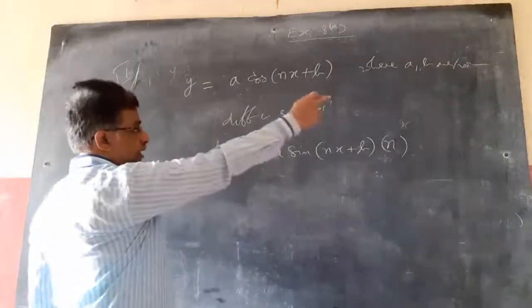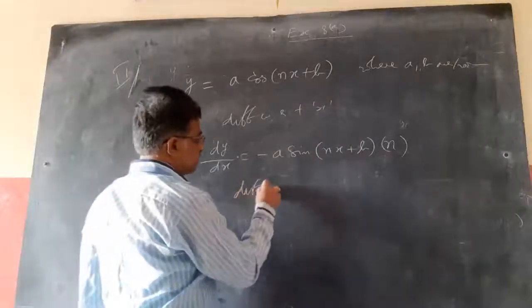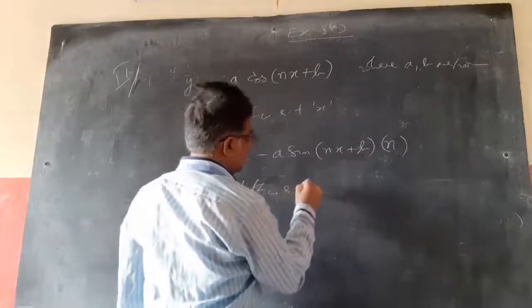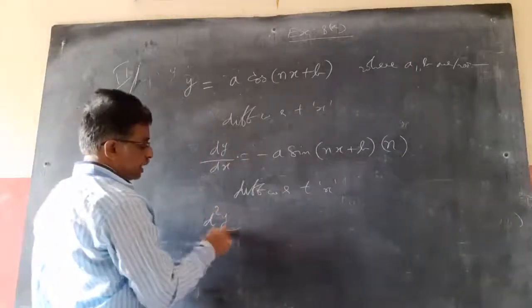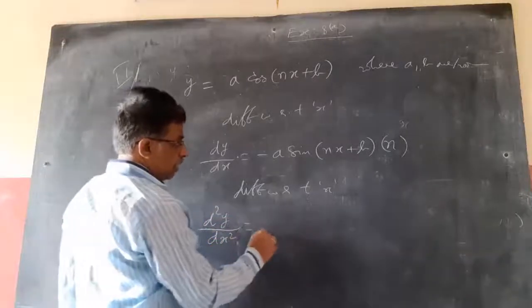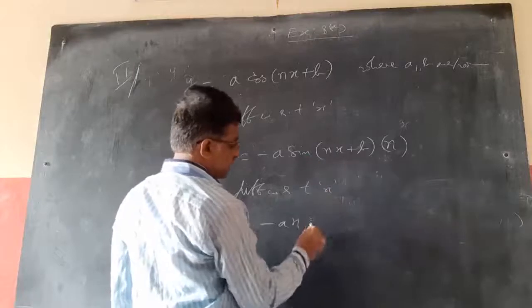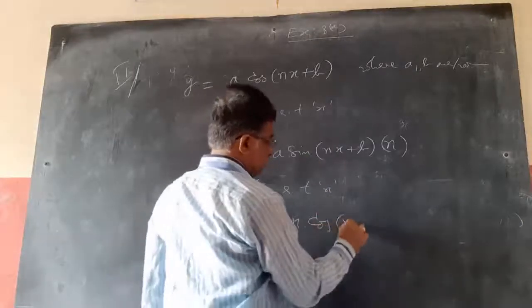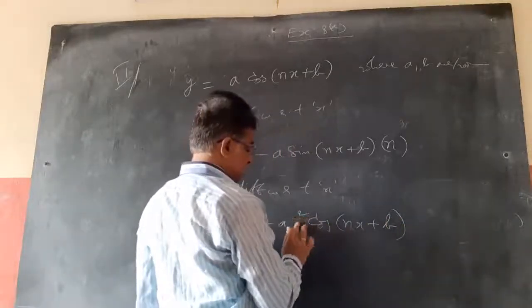But there are two arbitrary constants, a and b, so again differentiate with respect to x. It becomes d²y/dx² equal to minus an into the derivative of sin, which is cos, of (nx + b), and the inner derivative n, giving n squared.